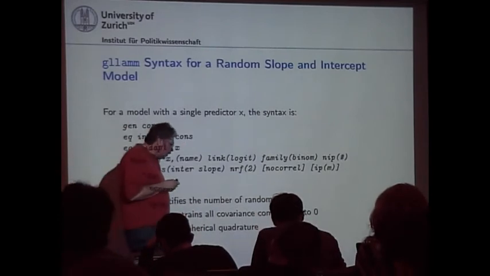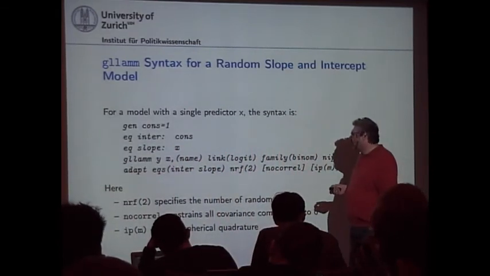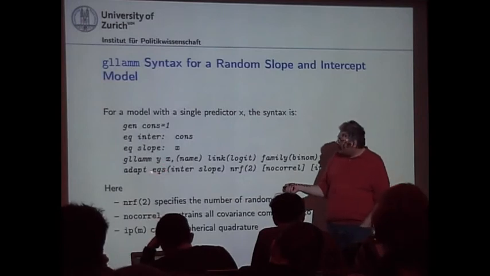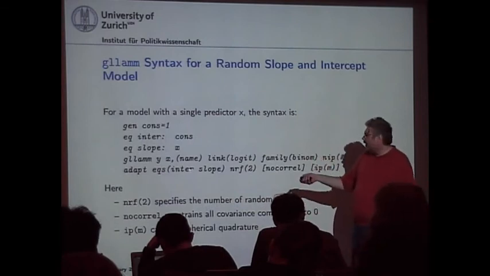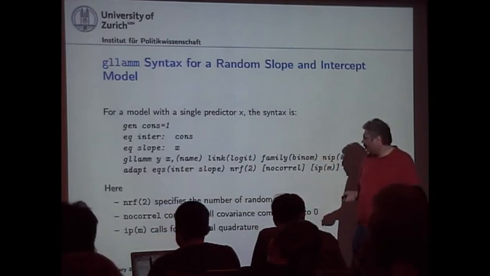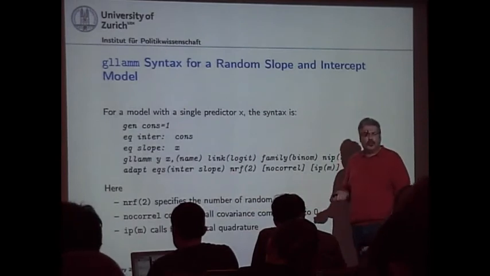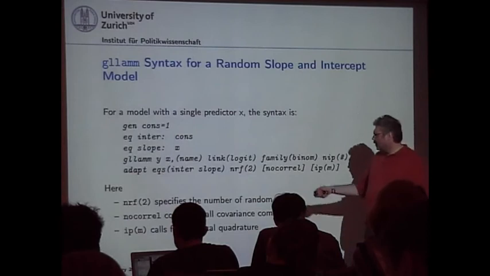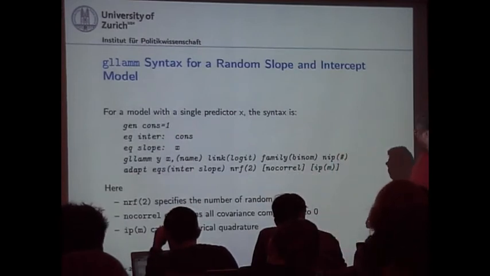And then a lot of the syntax remains the same, except you will now have to indicate in this EQS the equations, intercept and slope. You have to specify under NRF the number of random effects. Well, there are 2, so we want to estimate 2.